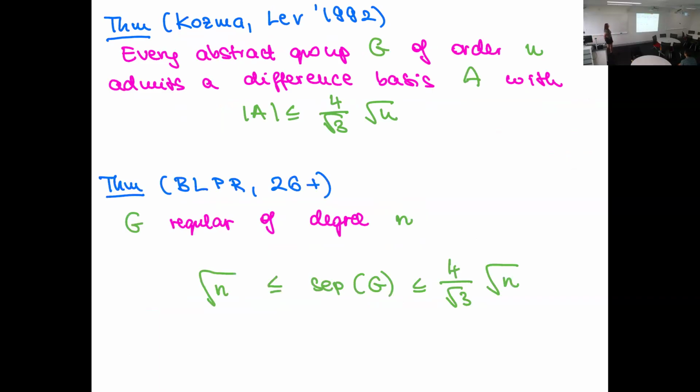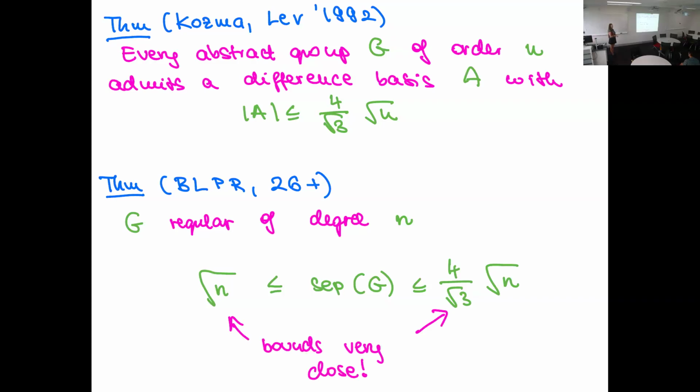And this means that if G acts on itself regularly, then sep G will be between square root of n and 4 over square root 3 times square root of n. And you can see that these bounds are actually very close.